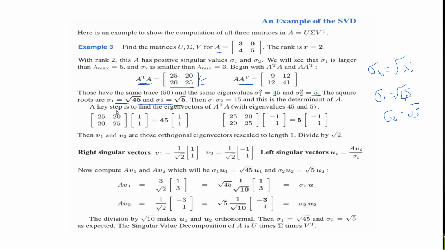And then it says here the key step is to find the eigenvalues, which we found: 45 and 5. And we find the associated eigenvectors in relation to A transpose A. Remember, the eigenvectors of A transpose A are V. So this will be V1 and this will be V2.